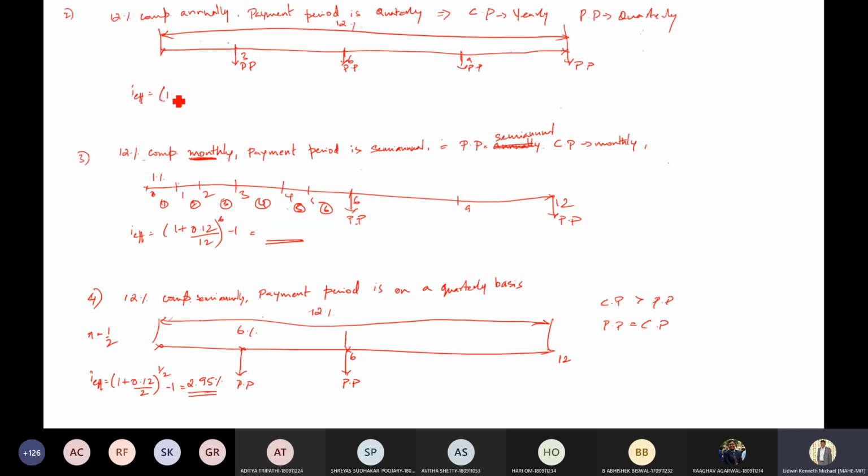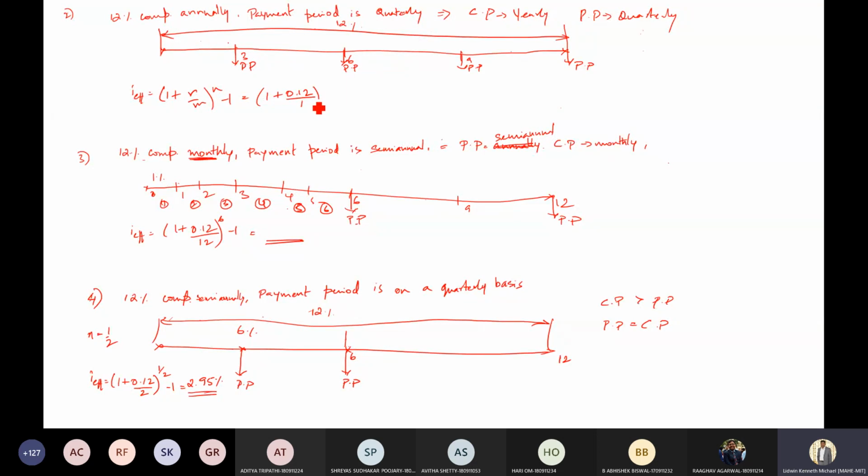So your I effective will be 1 plus R by M to the power n minus 1. So it is 1 plus your R is 0.12. Compounding period is compounded annually, so there is no change. It is 1.